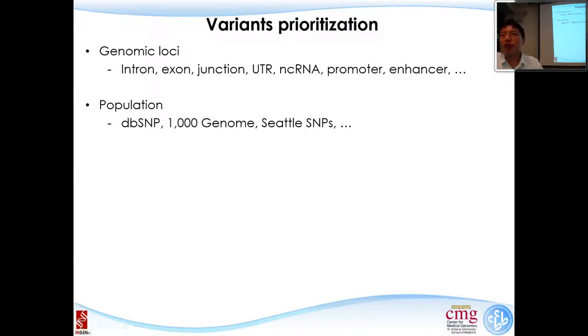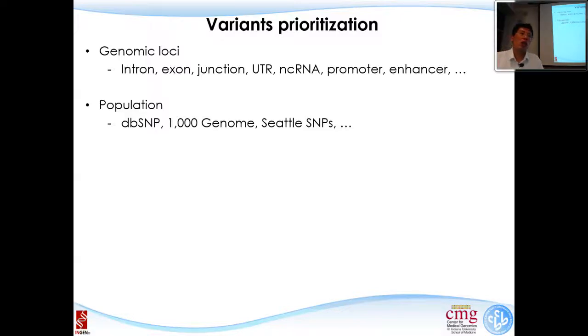But we have to be careful with this approach. It really depends on what type of disease you are working on. As I mentioned earlier, if you are working on early onset childhood cancer, you wouldn't find the driver mutations in the general population.